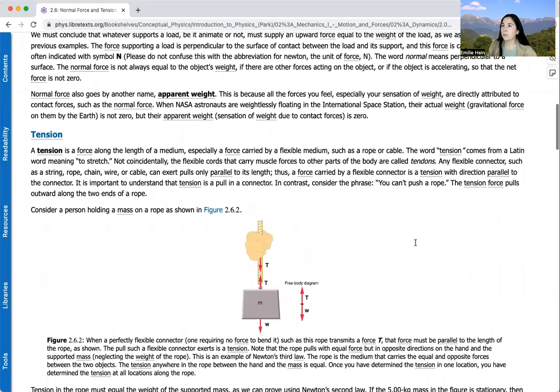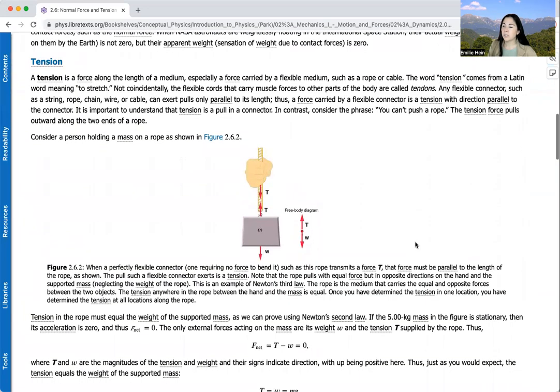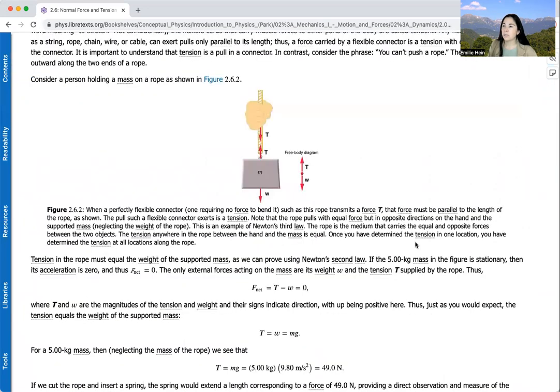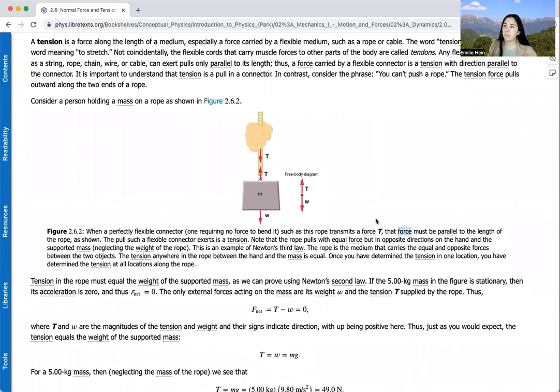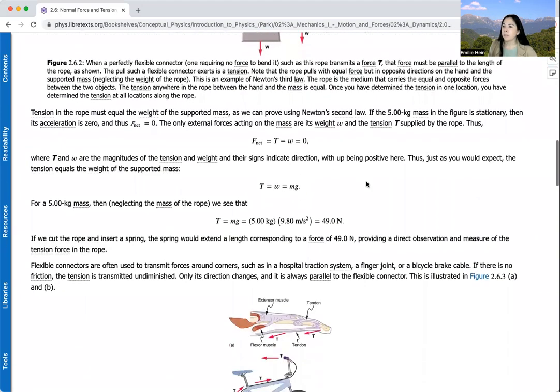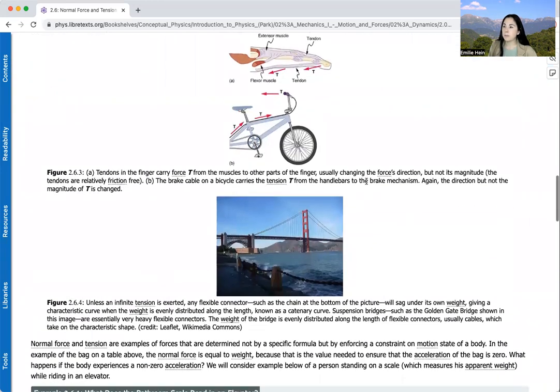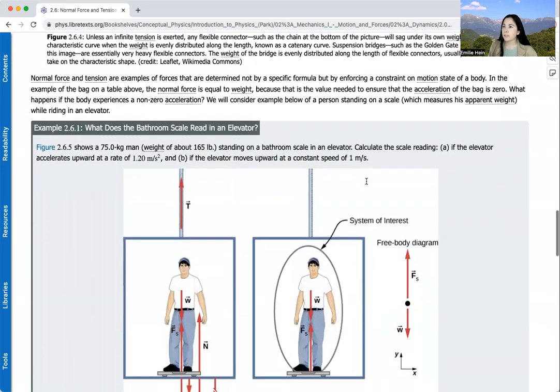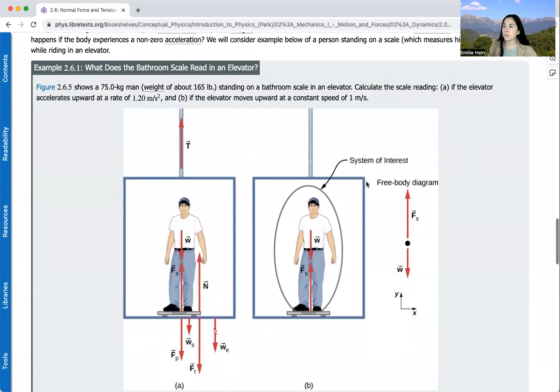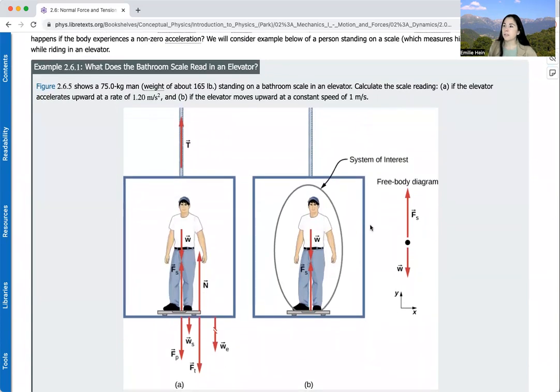And then related here, you have the tension. So tension is force that is exerted by, so you can see an example here, a rope. And you have different sets of examples that are also given here. Okay, so this is a classic example of a person in an elevator.